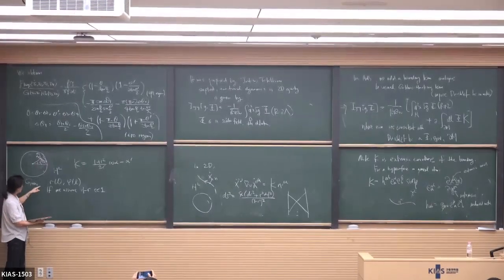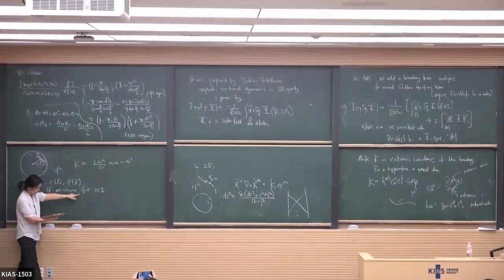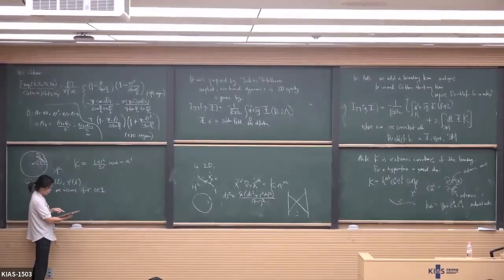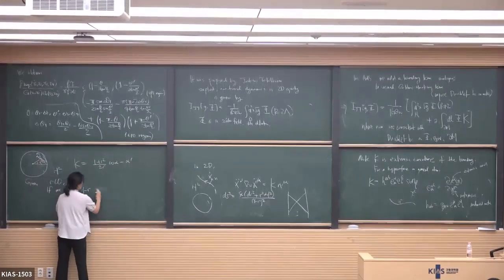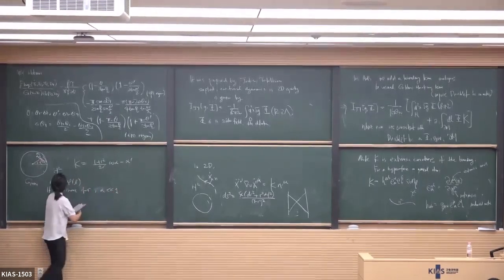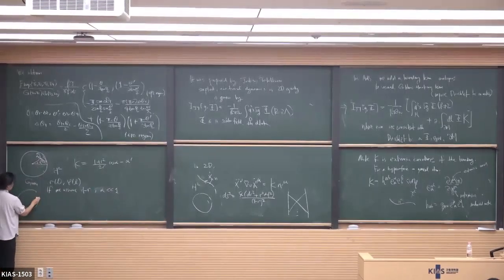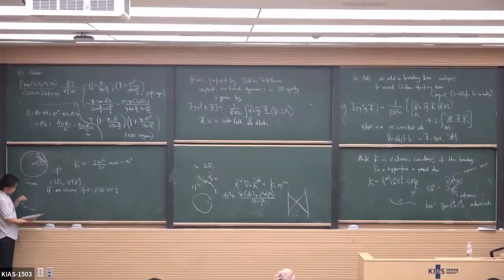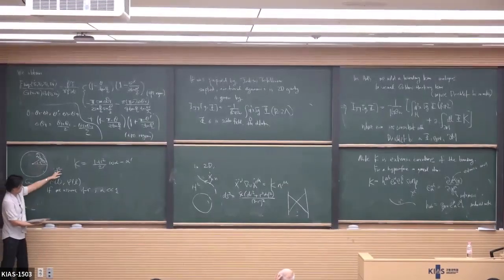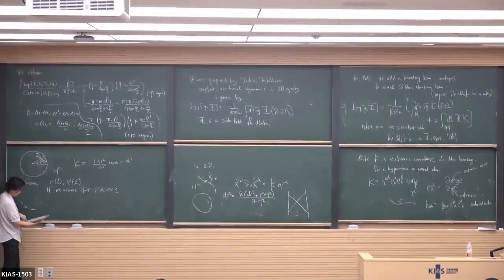If we assume that 1 minus r is very much smaller than 1, so the curve is close to the boundary, and if we also assume that alpha is small, which means that the curve is very close to being a circle, then this alpha will be small. So it needs to follow the boundary closely, and in this limit, this extrinsic curvature reduces to the Schwarzian expression.